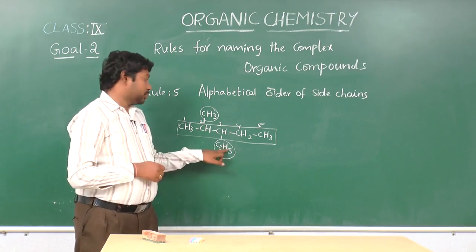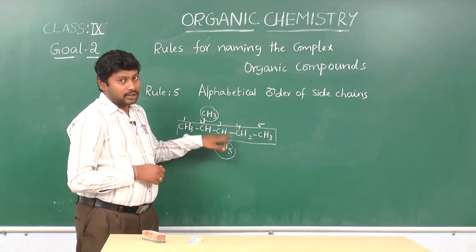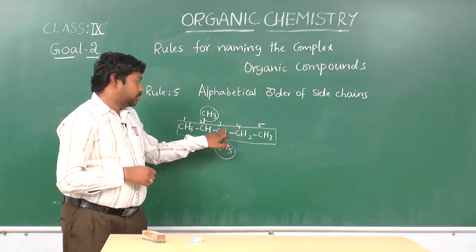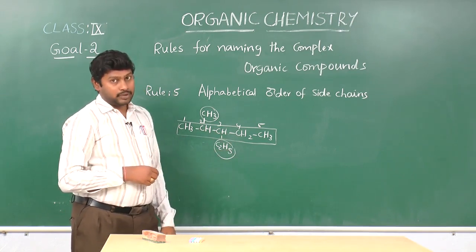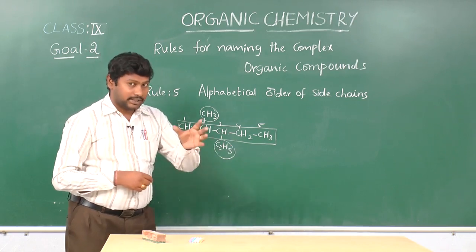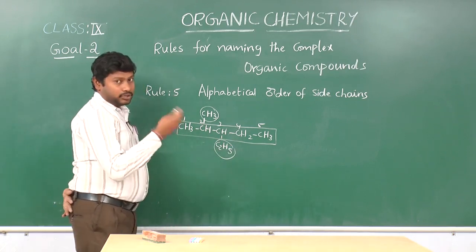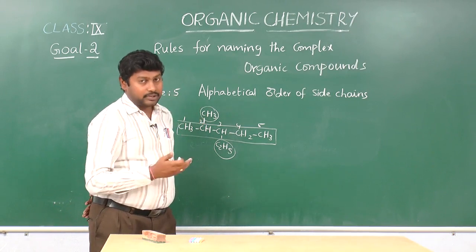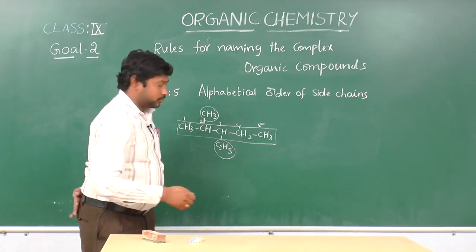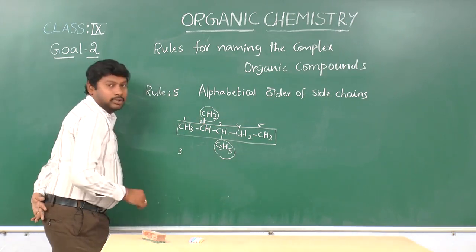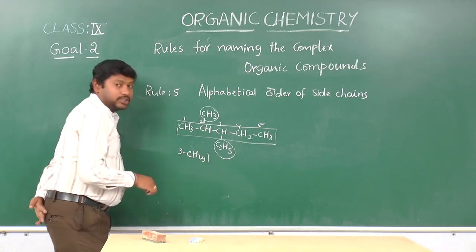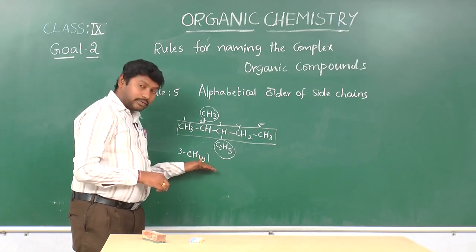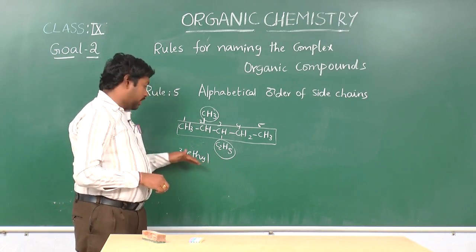So, what is the locant of the ethyl group on the main chain? 3 is the locant. So, first we should write the ethyl group, and the prefix is ethyl. Before the prefix, first we should write the locant. So, 3-ethyl, and a hyphen is inserted between the locant and the prefix.